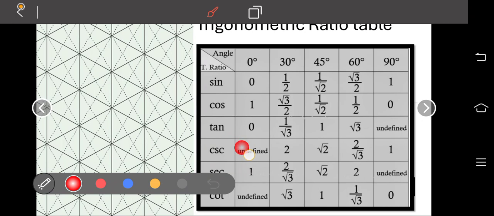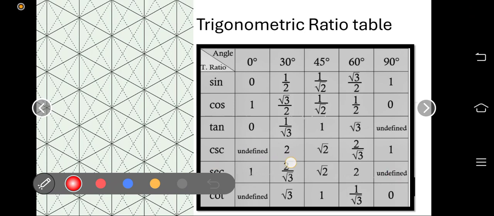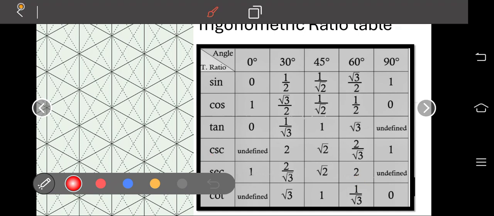See, not defined. Cosecant 0 degree value equal to secant 90. Cosecant 30 degree equal to secant 60 degrees. And cosecant 45 is equal to secant 45. Cosecant 60 is equal to secant 30. And cosecant 90 is equal to secant 0 degree value.